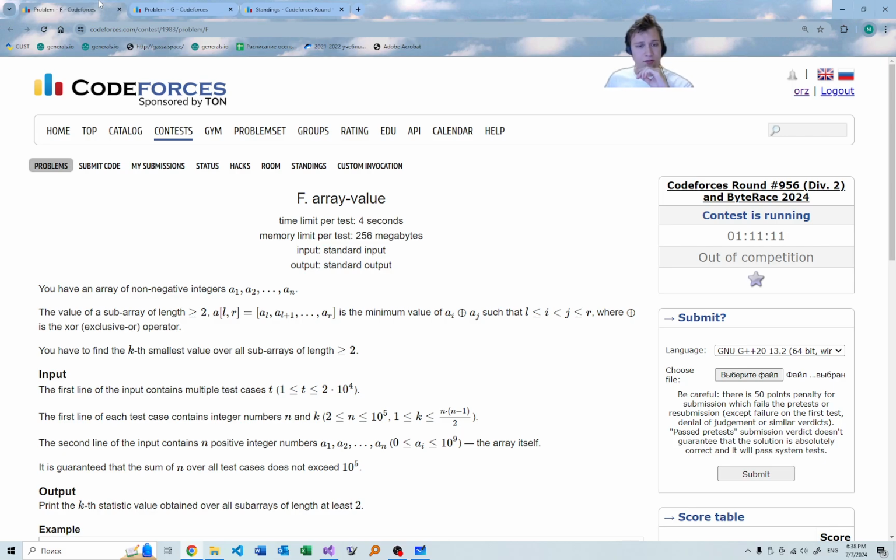Well, actually, it's some sort of a binary search. Or what? Okay, first of all, is it true that if there is some minimum value of this thing, then it is unique? Actually, no, it's not unique.